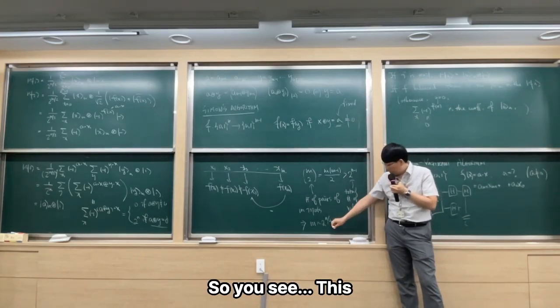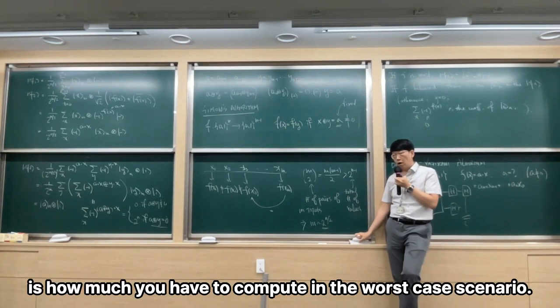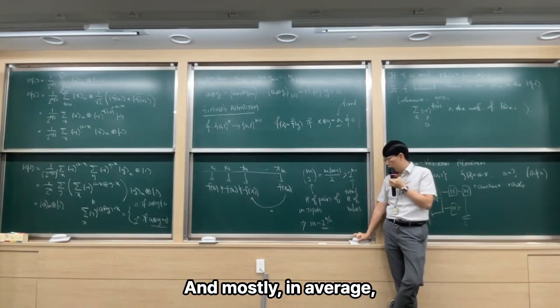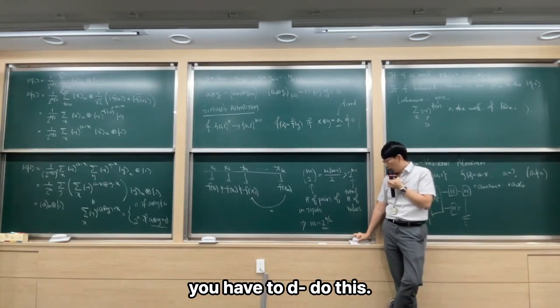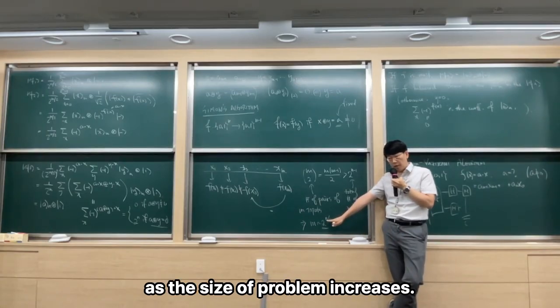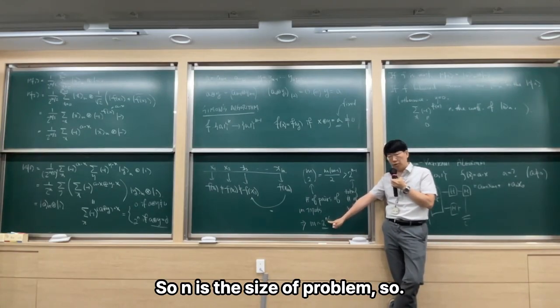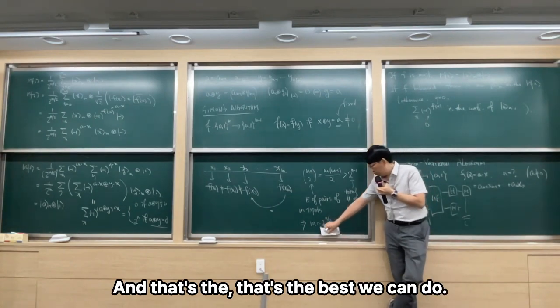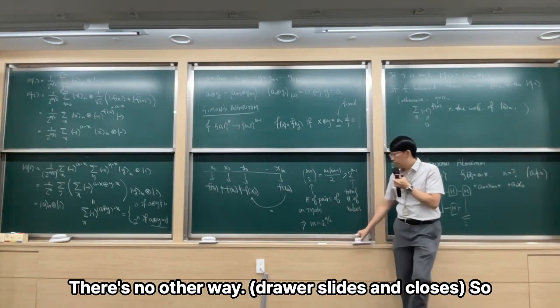So this is how much you have to compute in the worst case scenario, and mostly on average, you have to do this. And this grows exponentially as the size of the problem increases. So n is the size of the problem. That's the best you can do. There's no other way.